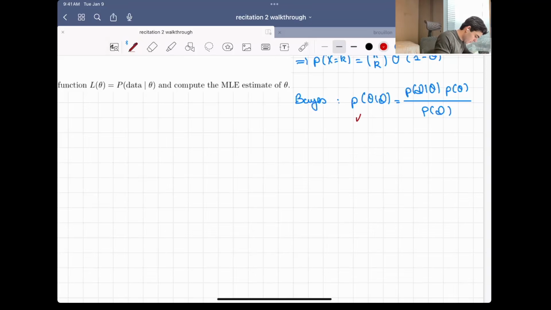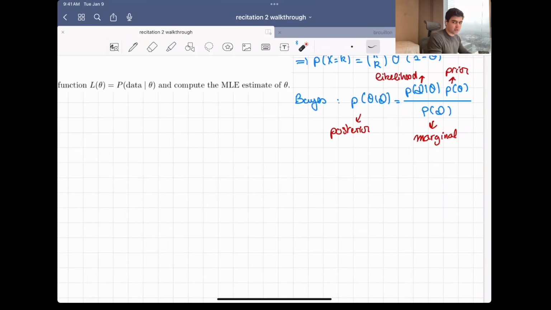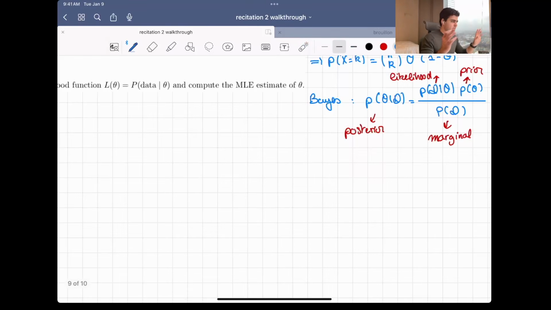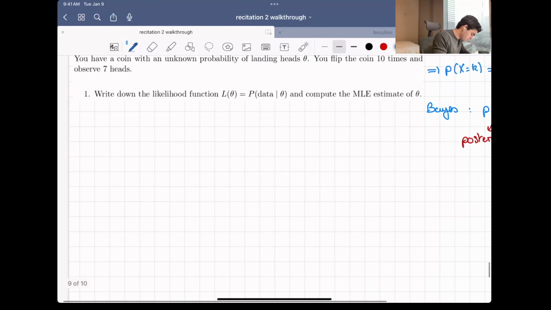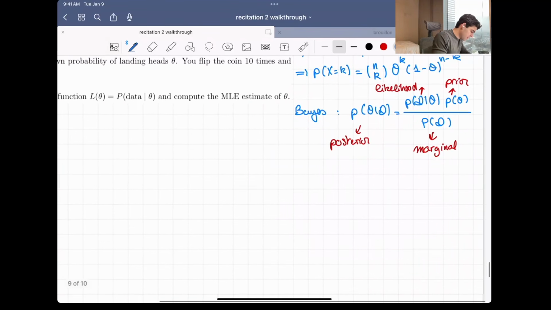This is called the posterior, this is called the likelihood, this is called the prior, and this is called the marginal. It has other names, but call it the marginal for now. The marginal is usually very intractable, hard to compute, so usually you use the proportionality sign, which you'll see later while doing MAP. But for now, they want us to write the likelihood.